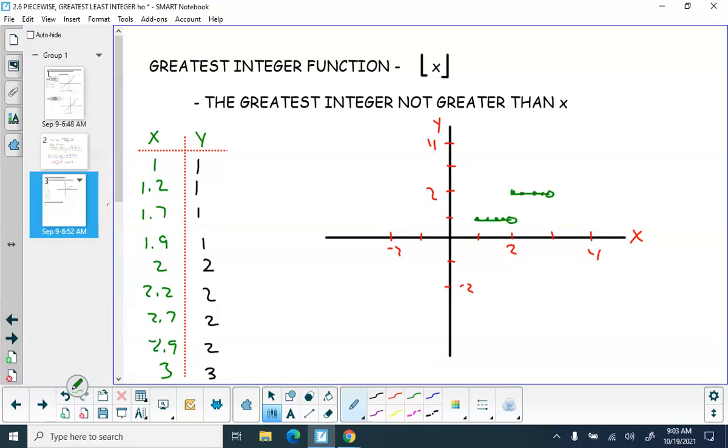If I want to go between 0 and 1, I'd have a solid dot here, an open dot here. -1, solid dot, open dot. What type of function do you think we call this? What do they look like?